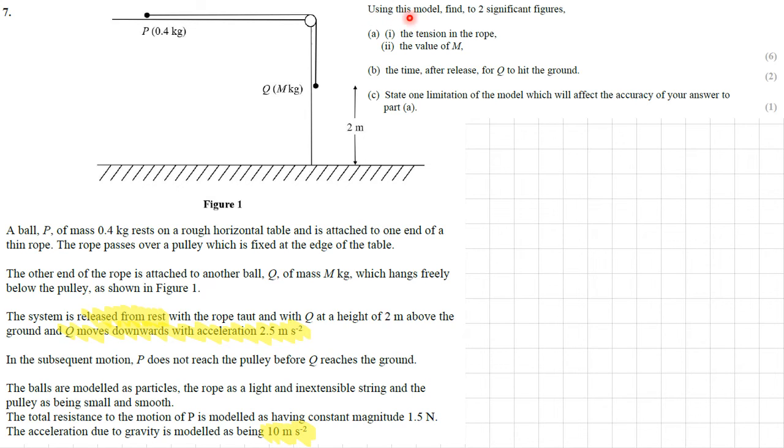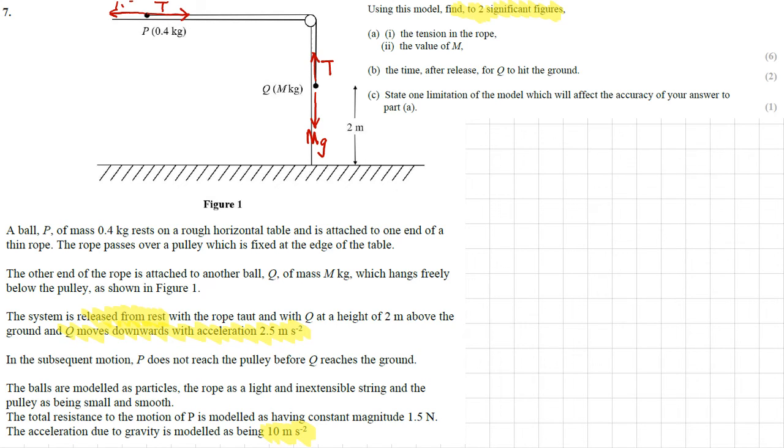And what we need to do here, using the model, find to two significant figures. That's important, to two significant figures. Part A, the tension in the rope. So the first thing I'm going to do is to put on all the forces. So the weight of Q, mg, the tension going up, the tension pulling P, the resistance to P, which was 1.5 newtons.